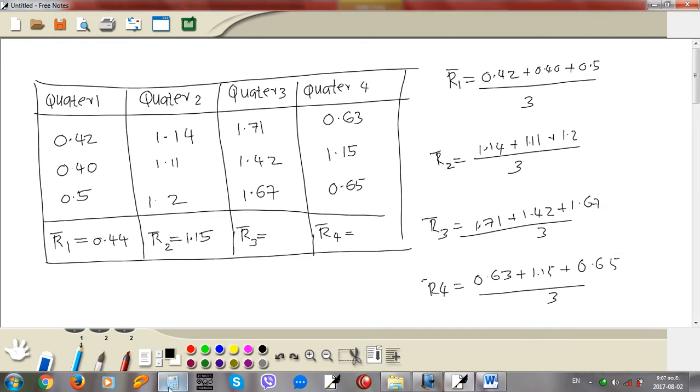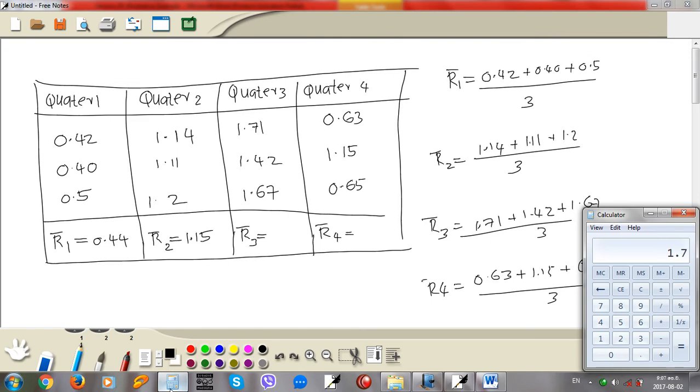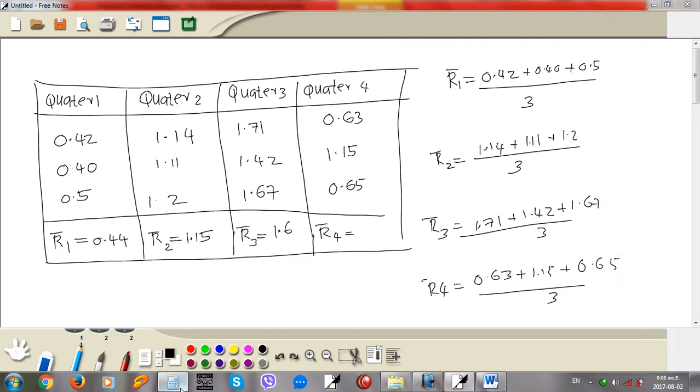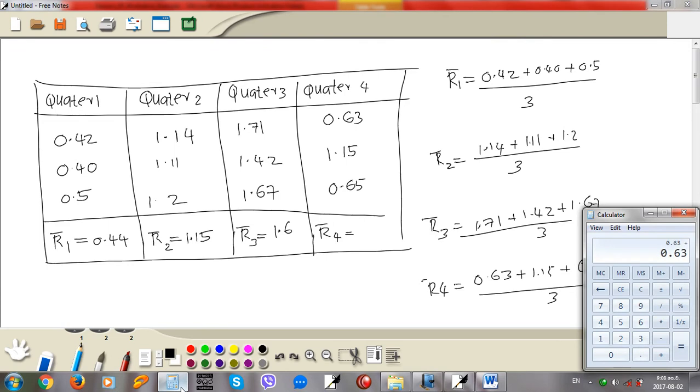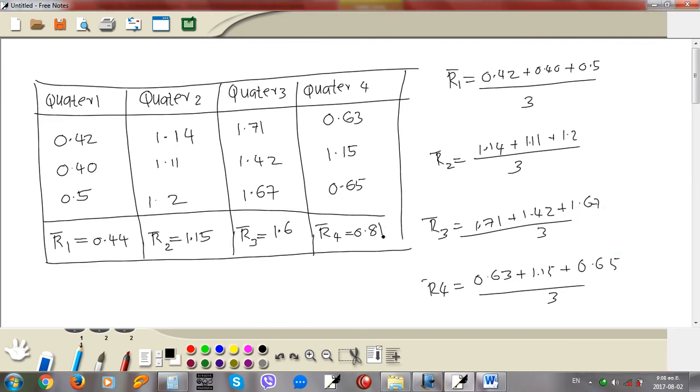Then R bar 3: 1.71 plus 1.42 plus 1.67 divided by 3 is 1.6. Then R bar 4: 0.63 plus 1.15 plus 0.65 divided by 3 is 0.81. Now we have found the R bar values.